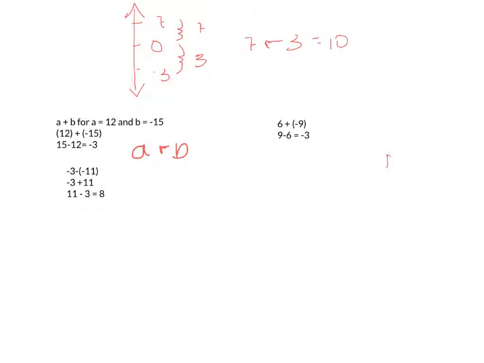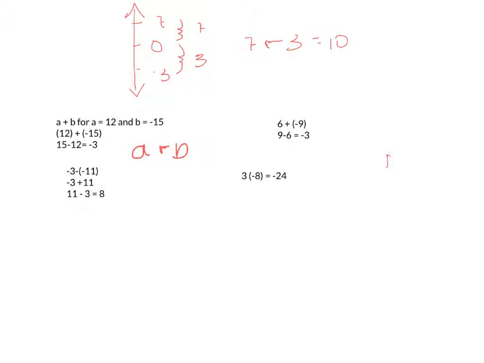We are going to try for right there. Okay, we are multiplying 3 times -8. Okay, different signs, so it's a negative. 3 times 8 is 24.